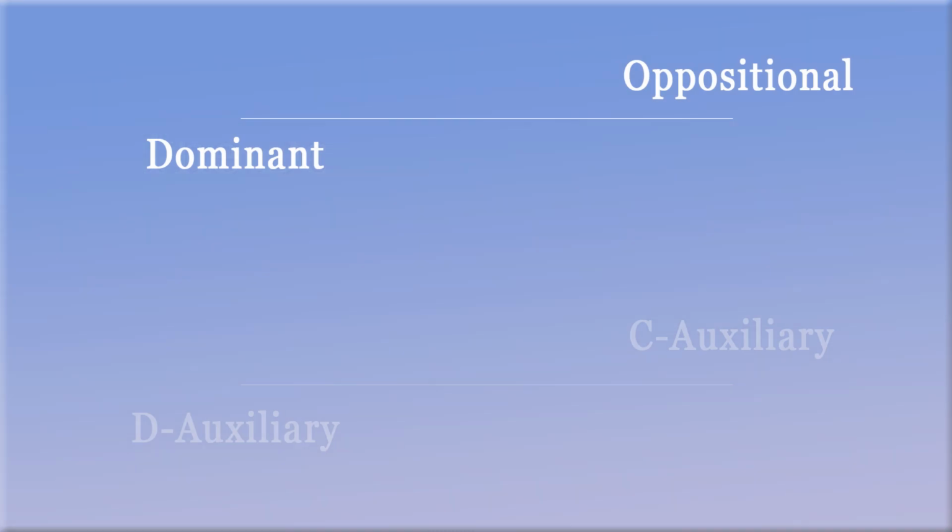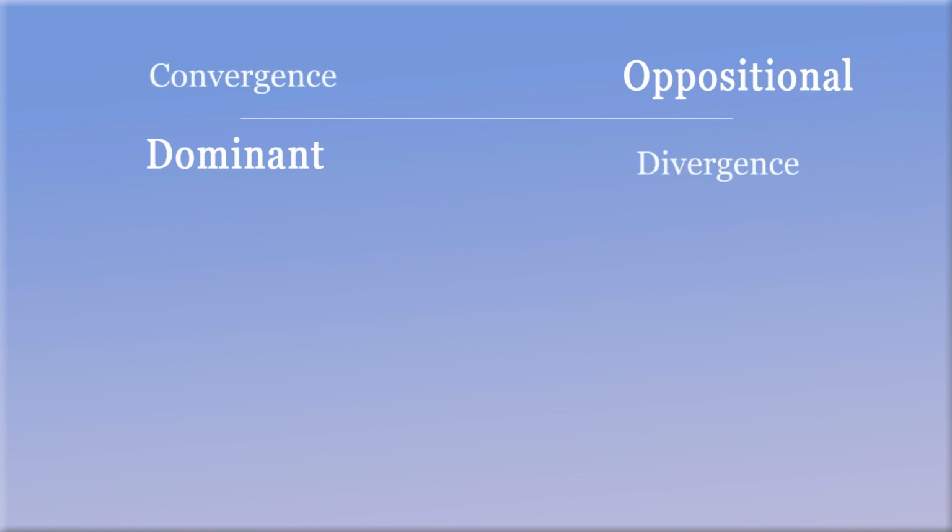So first, let's take the dominant function in relation to the oppositional function. The dominant function is a convergent function. In CPT, convergence describes having conscious responsibility for a function. It is used as part of the ego complex in order to make new connections, in order to find new, novel ways of perceiving, of doing things. Essentially, it is a highly creative attitude.